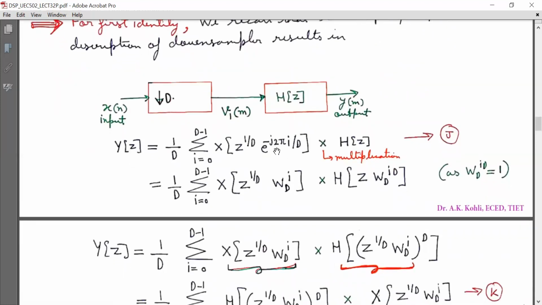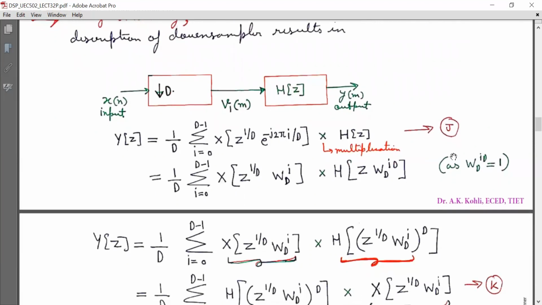Now, as we have done earlier, I express e^(-j2πi/D) equal to W_D^i. Now we know that if this is the definition of e^(-j2πi/D), then W_D^(iD) is equal to 1.